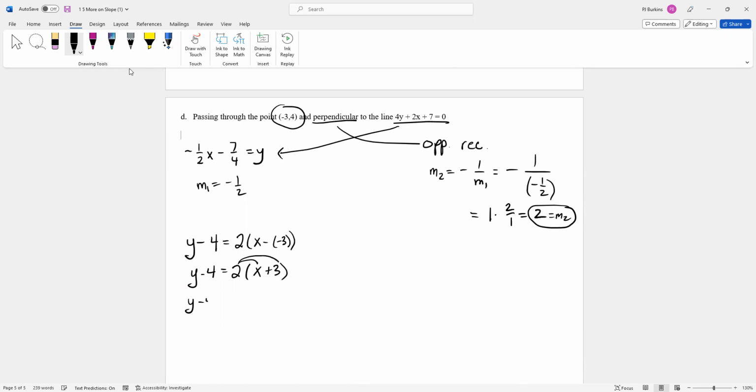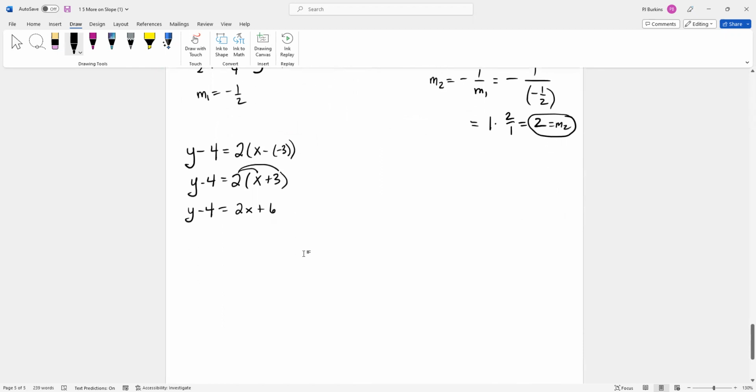Distribute the 2. Okay. And then finally, I need to add 4 to both sides. And it looks like I have this as the equation of my line that should be perpendicular.